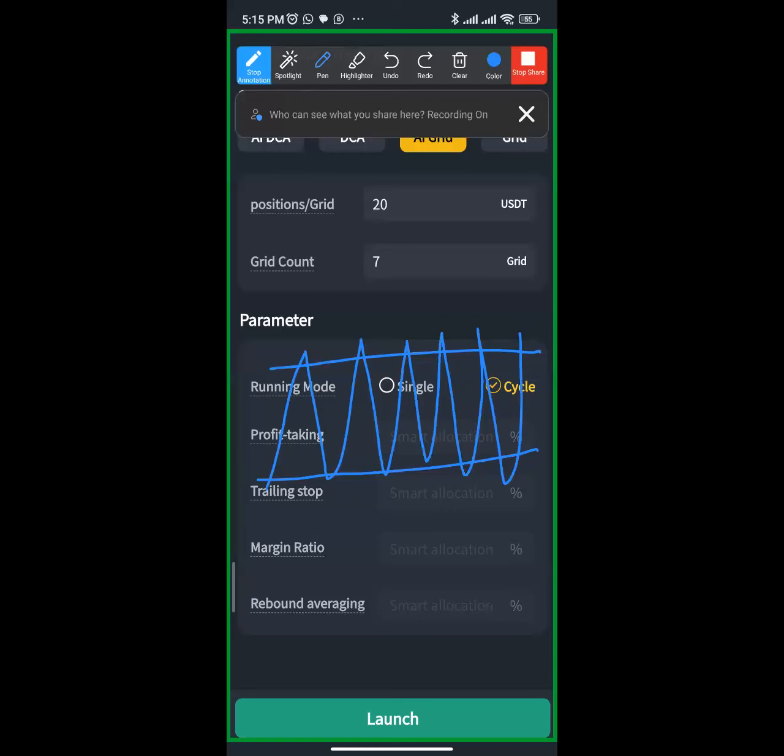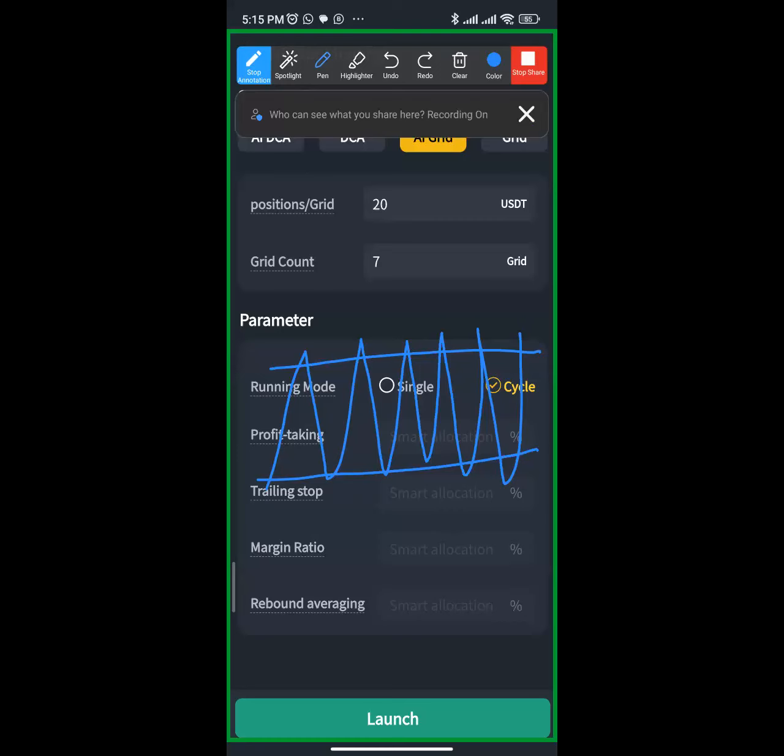So it just does this within the grid. It picks little profits, and this is good for coins that are not volatile. Let me state this: if you want to trade the AI grid successfully, you have some capital.